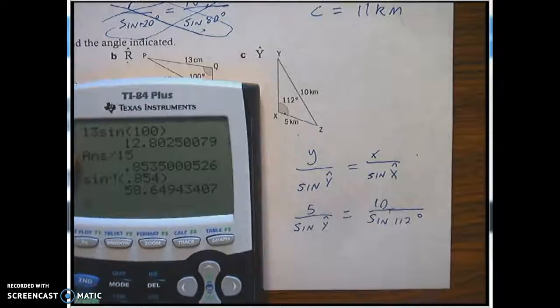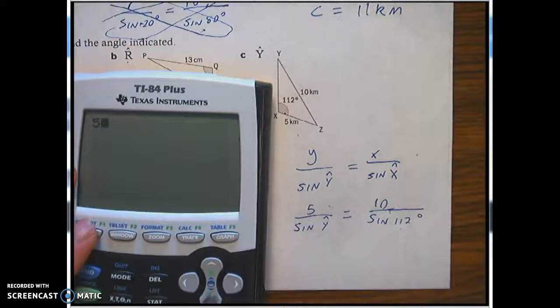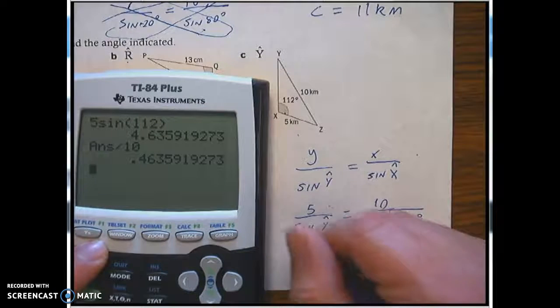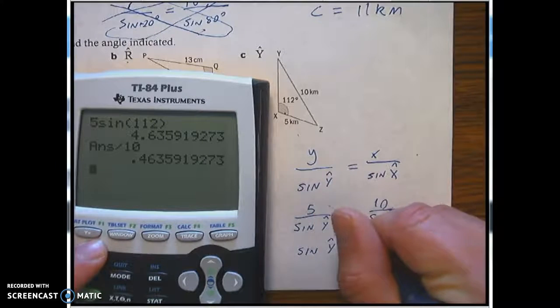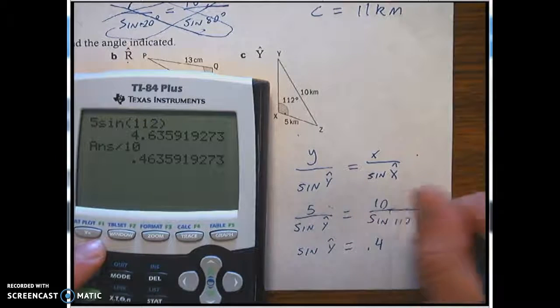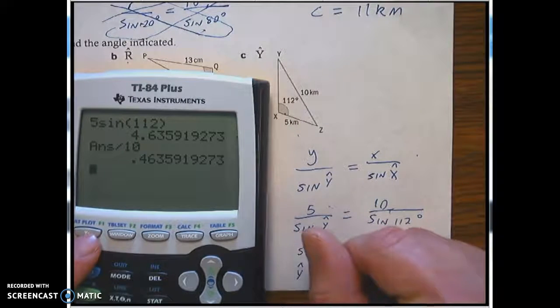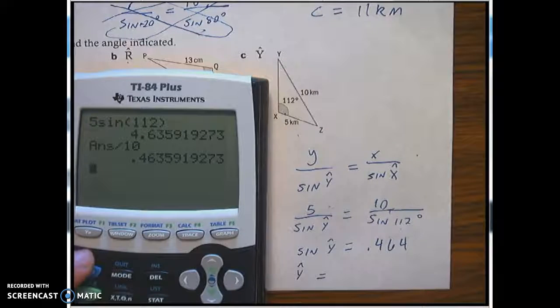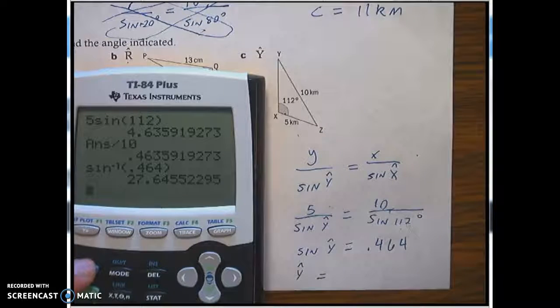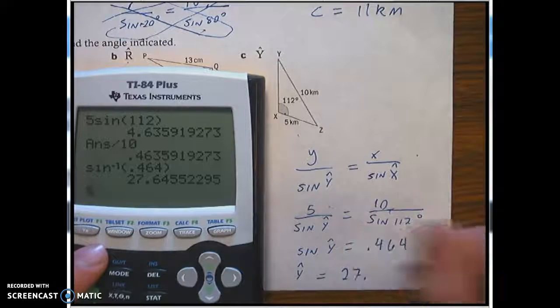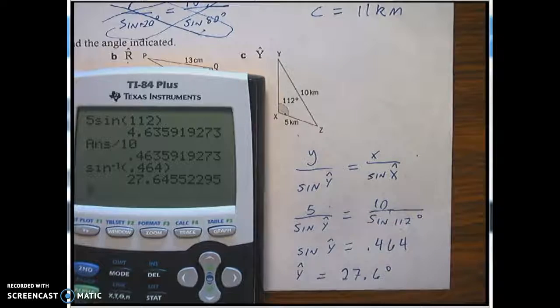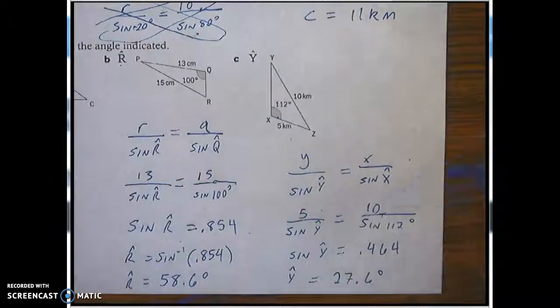We're going to do 5 times sine of 112, divide that by 10. So I know that the sine of angle y equals 0.464 to 3 significant figures. So therefore y is just the sine inverse of 0.464, and that's just about 27.6 degrees.